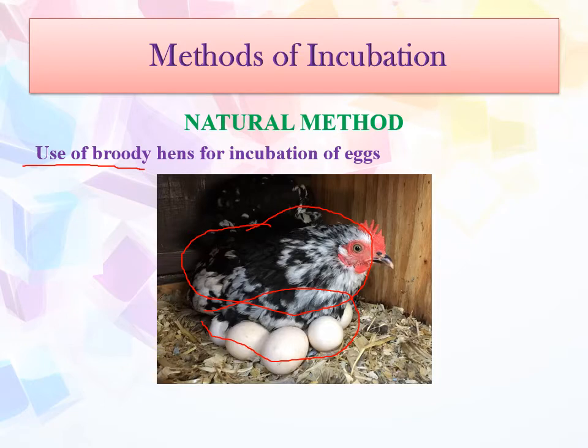In nature we have seen that whenever the bird lays the egg, it will sit down on the egg to provide proper temperature and humidity, and frequently it will turn the egg by its beak. Whatever temperature, humidity and turning is needed for proper incubation is provided by the bird in nature; in the hatchery it is provided by the incubator and hatcher. So this is called the artificial method of incubation.